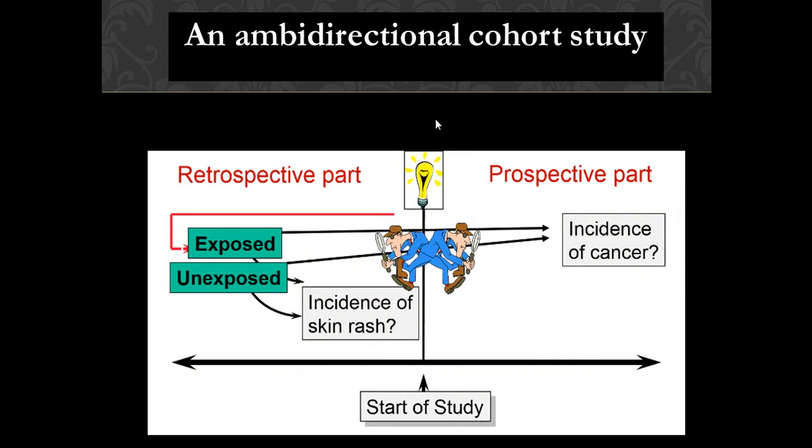And the ambidirectional cohort study. This type of study includes both a retrospective part and a prospective part. Suppose you have a study like that of the tire manufacturing, and we start the study from a certain point backward, and then we check the tire manufacturer staff and the clerical staff, reaching this point.